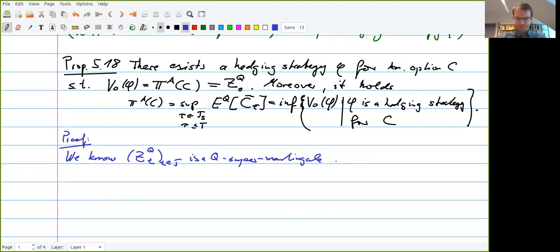If you want to look it up, it's Proposition 512.